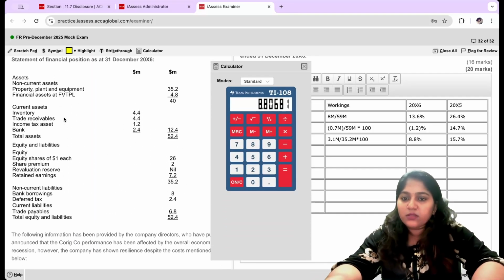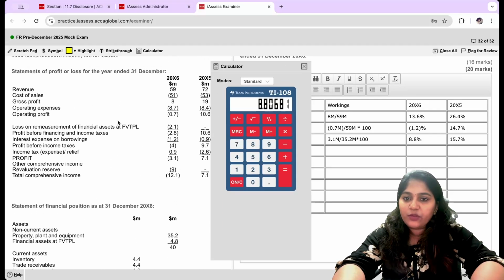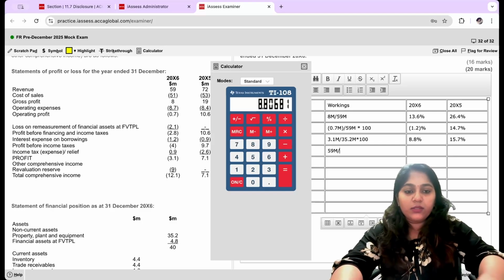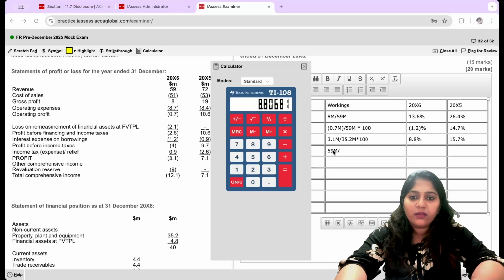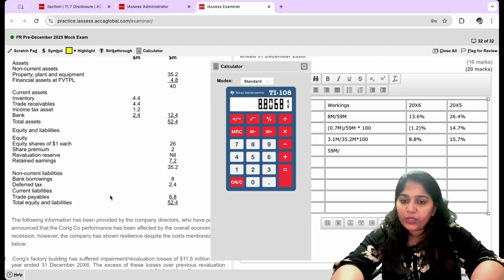Okay, so what is the revenue that we have generated? It is 59 million divided by your equity value, which is 35.2 million.